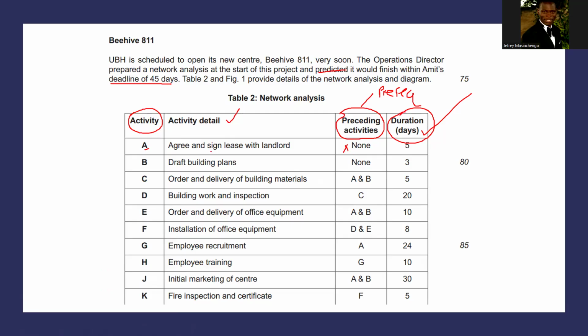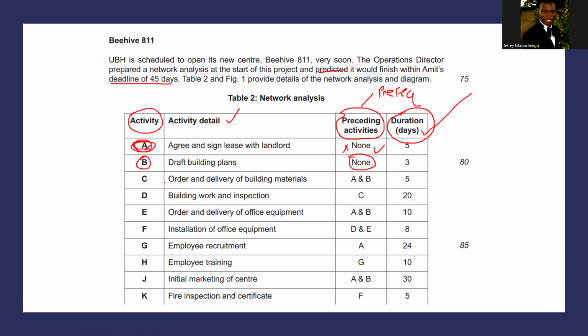So it means A is to be done without considering any activity. There is none here. B, activity B, it means activity A can start anytime, any day. Activity B seems as if it has no preceding activity again. It means A and B can start at the same time, any day.